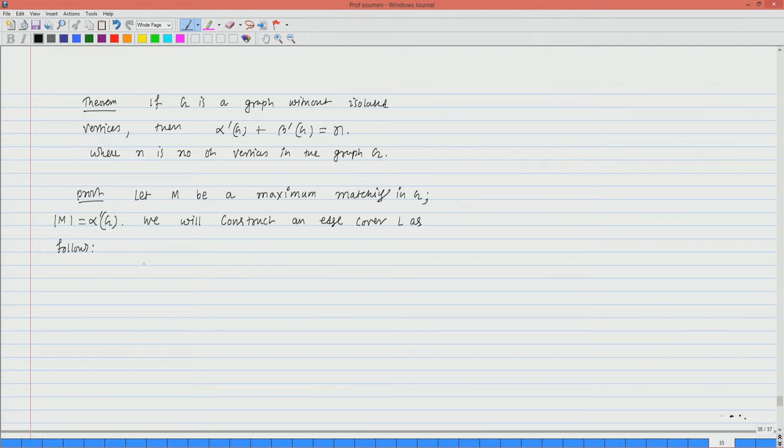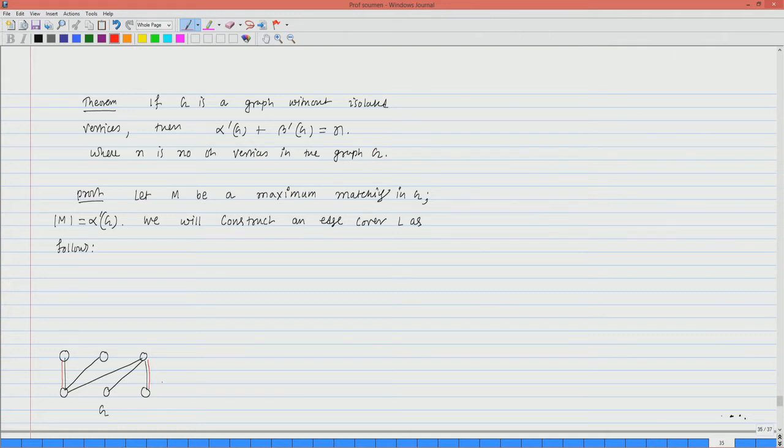I will refer to the previous example again to explain the proof of this theorem. So, this is the graph G, and we know that this is a maximum matching.